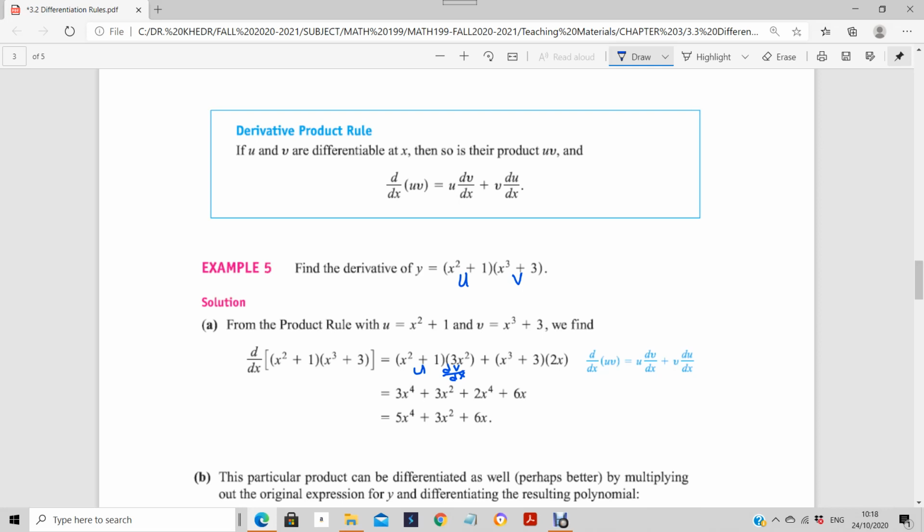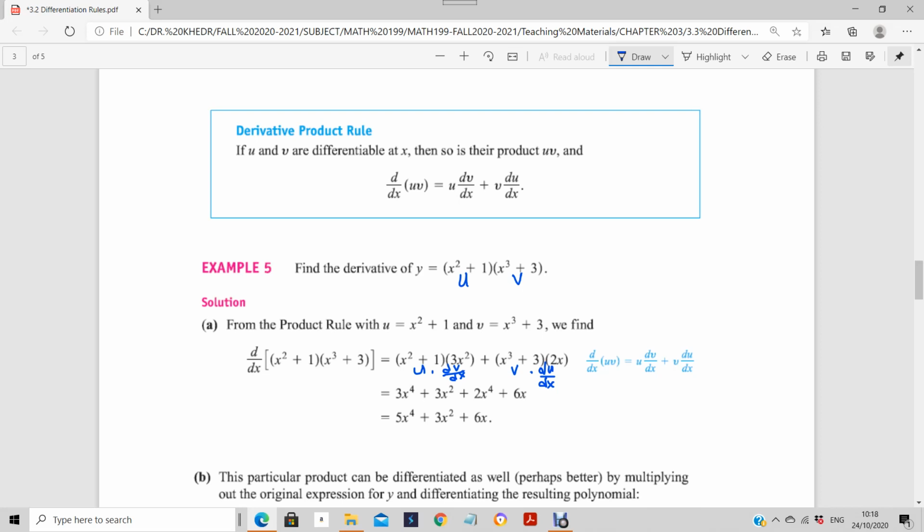So the derivative of the second function is 3x squared, plus the second function, this is v, multiplied by du by dx, the derivative of the first function. The first function is the terms inside the bracket. Its derivative is 2x because the derivative of 1 is 0. So this is the derivative of the whole function y.